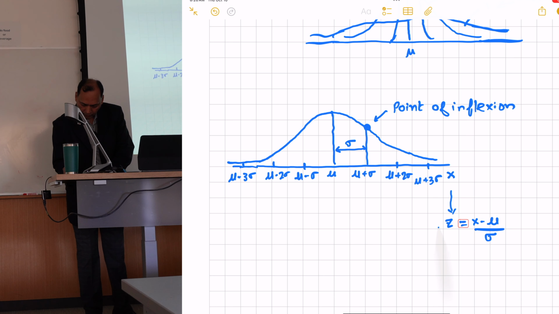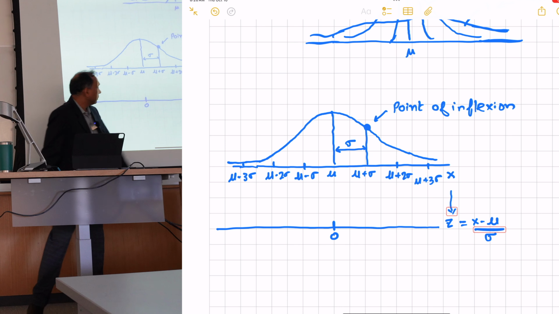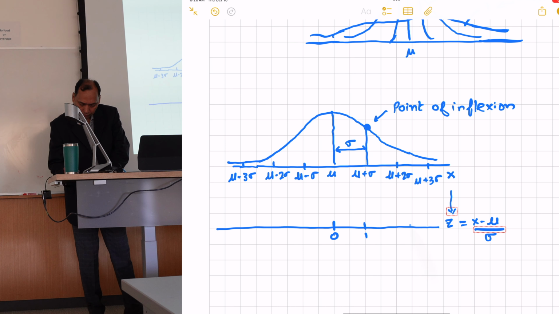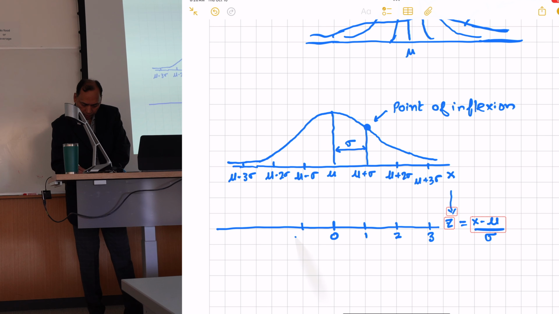Let me just draw a line to indicate this is the z-axis for the same curve. So this becomes 0. If you plug in this value, you get 1, 2, 3. Similarly, negative 1, negative 2, negative 3.